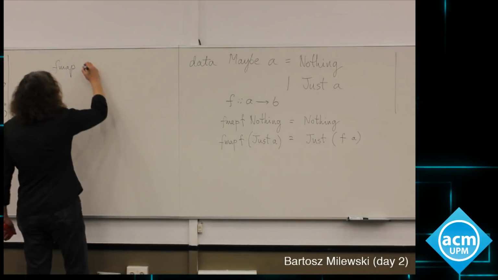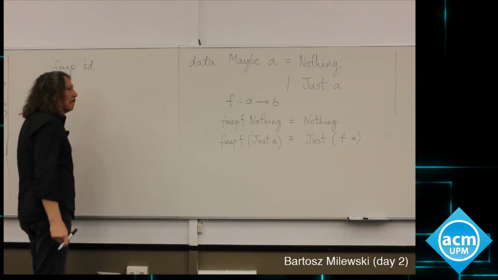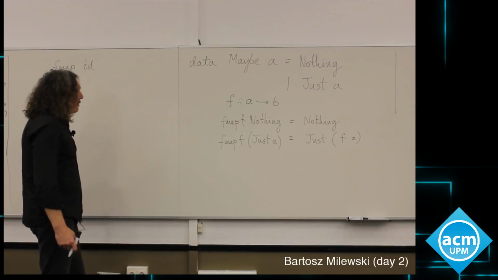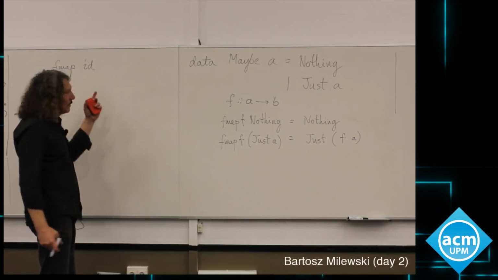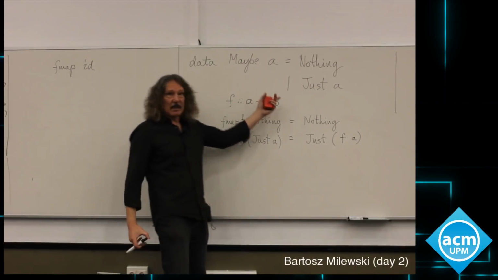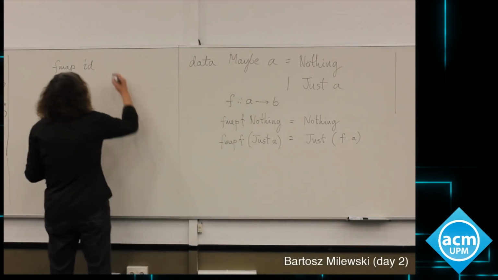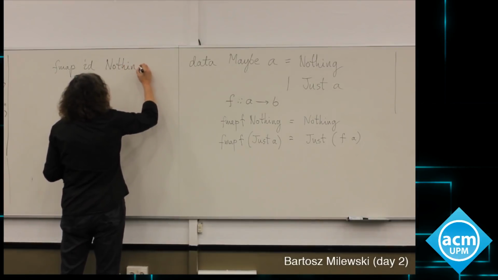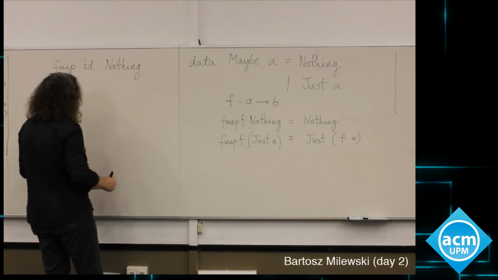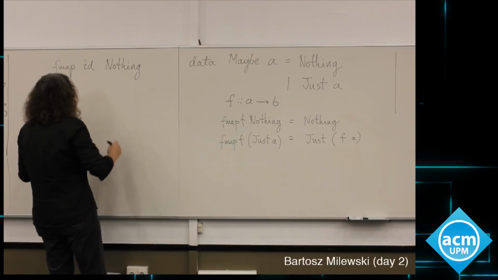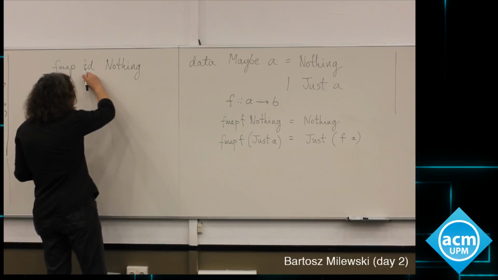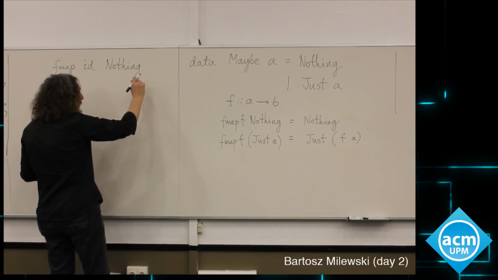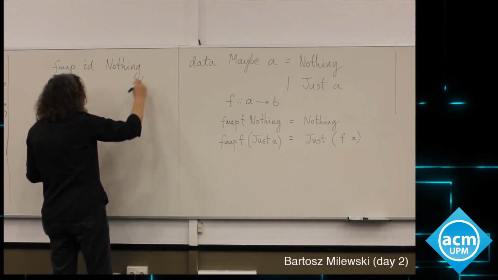So fmap ID. We have to test it for these two cases, Nothing and Just. So what should it do with Nothing? It should take ID into ID, so it should take Nothing into Nothing, because ID acting on Nothing gives us Nothing.